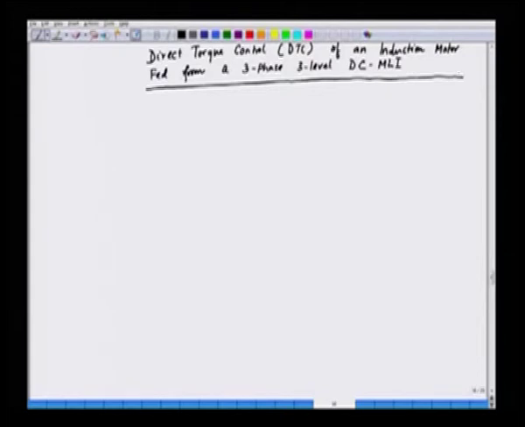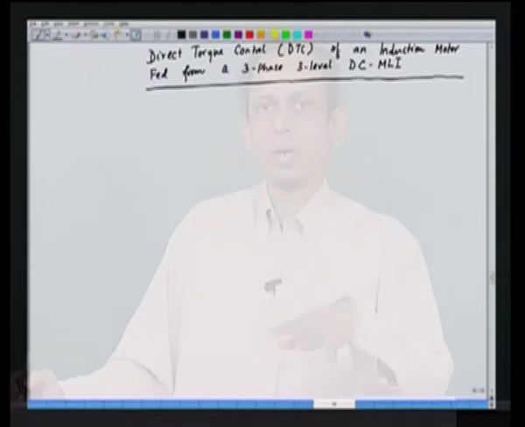So, what we have is the following. We have the inverter structure, and then the inverter is feeding an induction motor, and we have 27 voltage vectors.